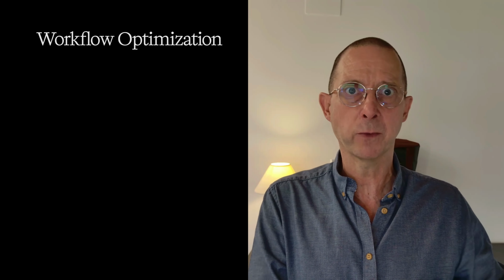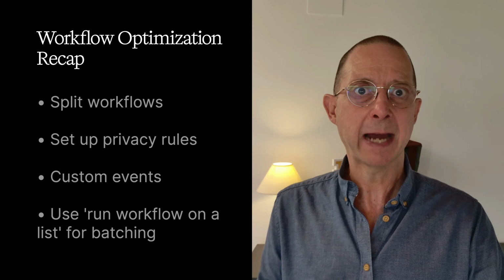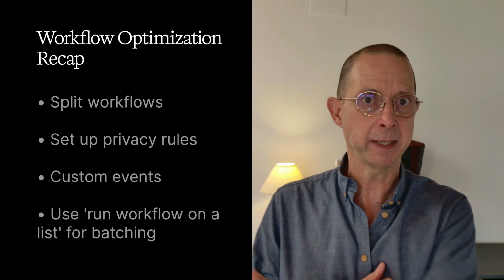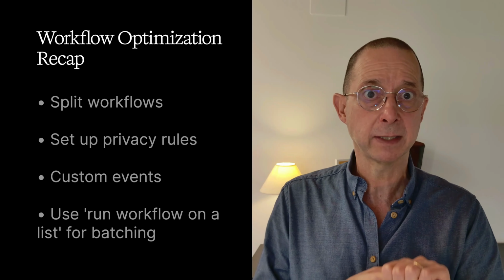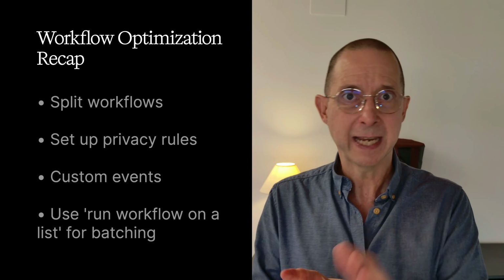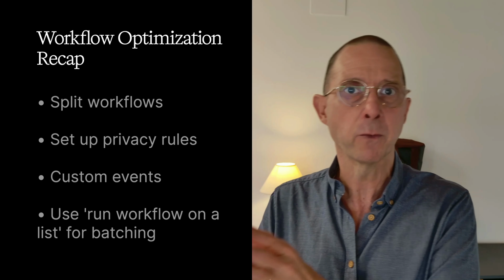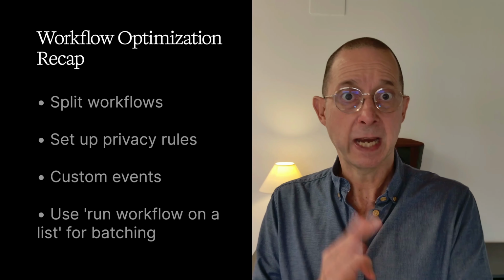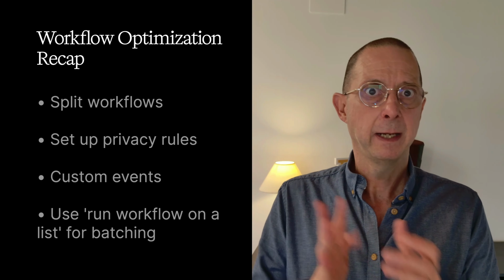Finally, let's do a quick recap of what we've seen. First, split your front end and back end workflows apart and keep as much functionality in the back end as you possibly can. Set up sharp privacy rules so that you're not moving around data that you don't need to. Leverage custom events for data reuse inside your workflows, and to store results, so you only run queries once in the workflow. Chain your steps correctly using result of step 1, 2, 3.